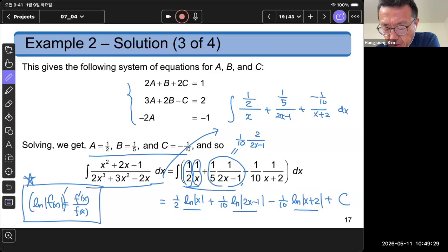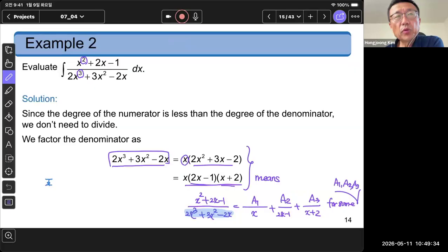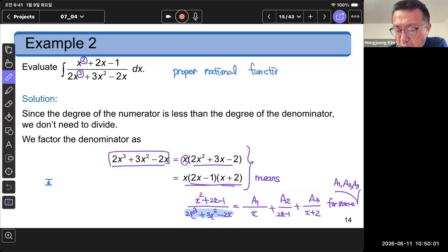So let me go back to this. So given this problem, first of all, in this case, the degree of the numerator is less than the degree of the denominator, so this is a proper rational function, which means you don't have to perform the long division.